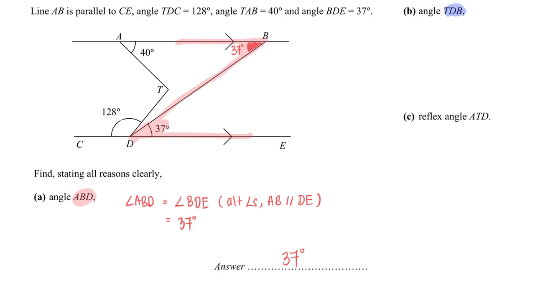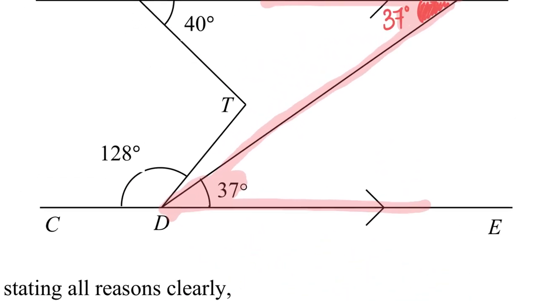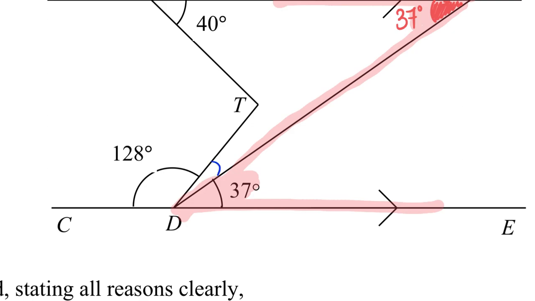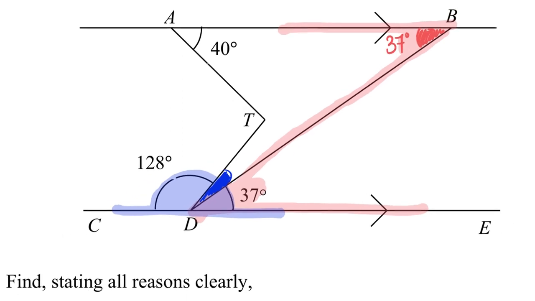which will be this angle here. Come, let's zoom in. And so I saw that this is a straight line, and we all know it adds up to 180 degrees. Very good.